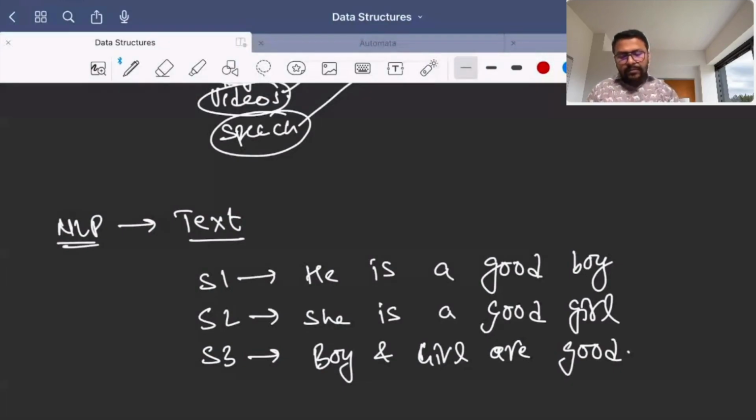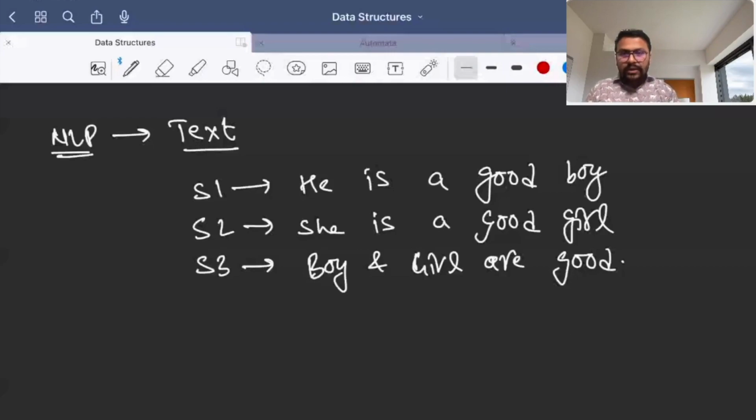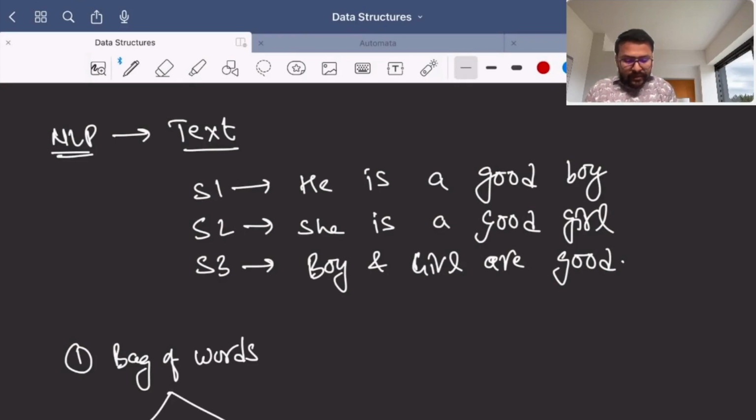For that we have some algorithms. The algorithms we are learning today are, first, bag of words, which is of two types: binary bag of words and counting bag of words. The second type of algorithm is TF-IDF, where TF stands for term frequency and IDF stands for inverse document frequency.